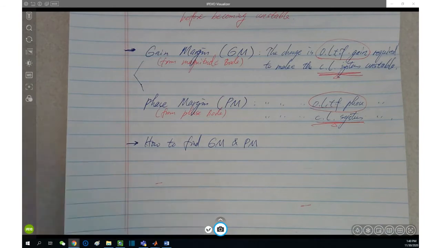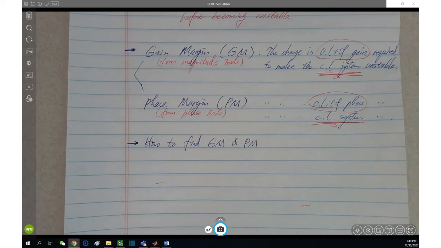So that gain margin, if, say, for example, we found at a particular frequency that the closed loop transfer function gain margin was 100, would that mean that it could be 110? Is that what you're implying? No. Gain margin can only be obtained from the open loop Bode plot, okay?